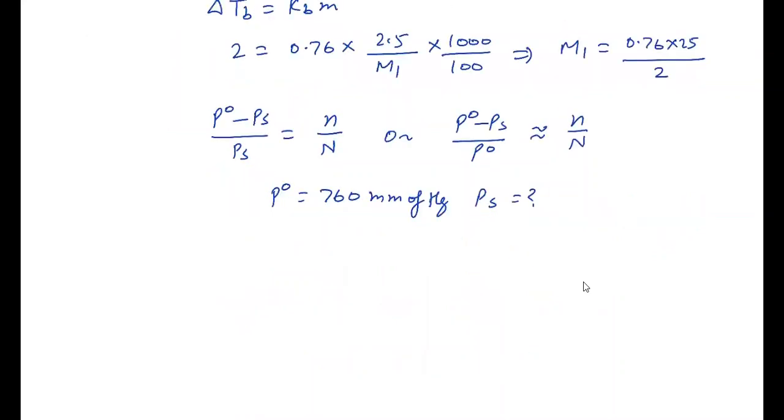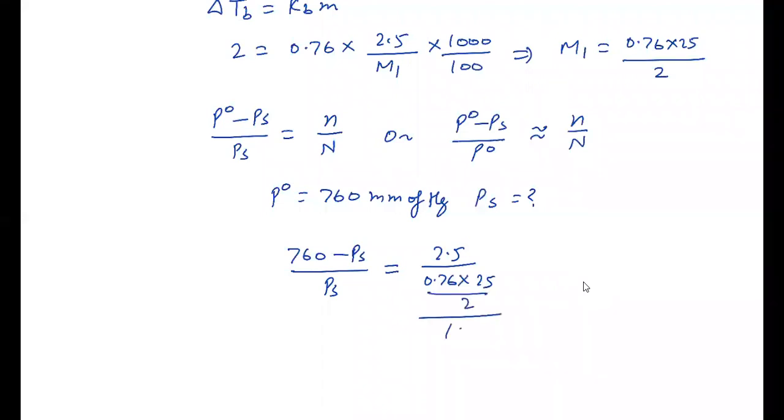You substitute the value, so it is 760 minus Ps by Ps. If you want to calculate it accurately, this must be equal to 0.76 into 25 by 2 divided by 100 by 18.